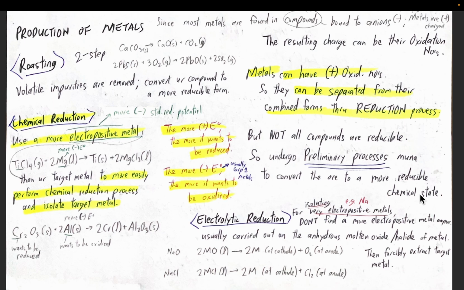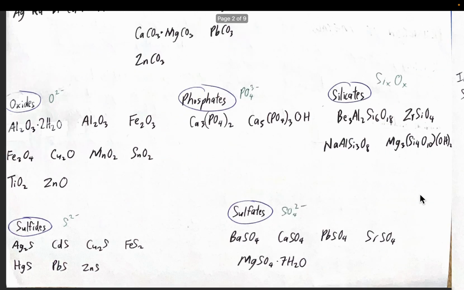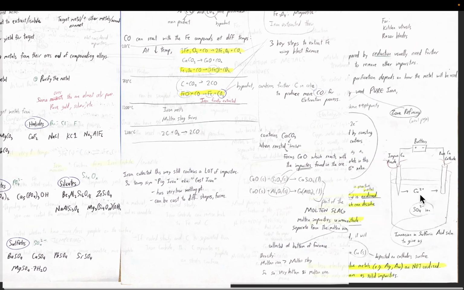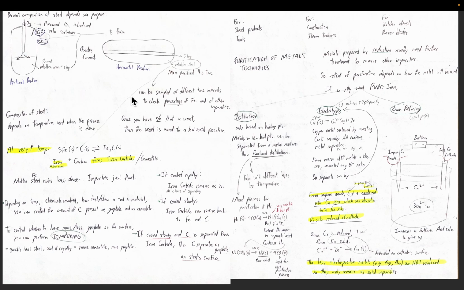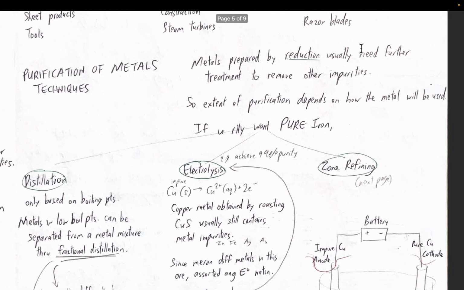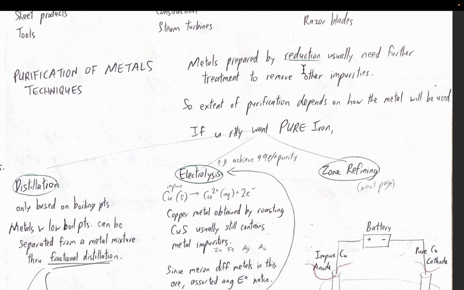From there, it would be easier to extract the target metal from the ore itself, and it also has something to do with purity.